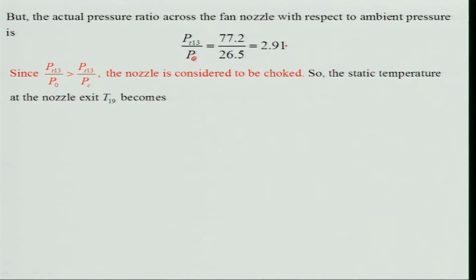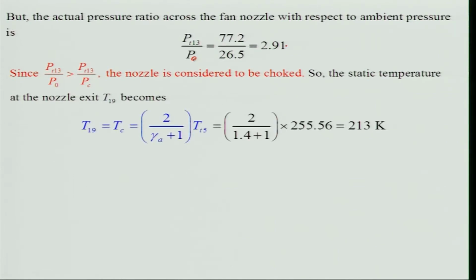So, the static temperature at the nozzle exit can be determined very easily, because Mach number is 1. From that condition you will get T19 is equal to 2 divided by gamma plus 1 times TT13. Keep in mind that we are using gamma a here, and could have used gamma a as well, because we are not adding any heat.